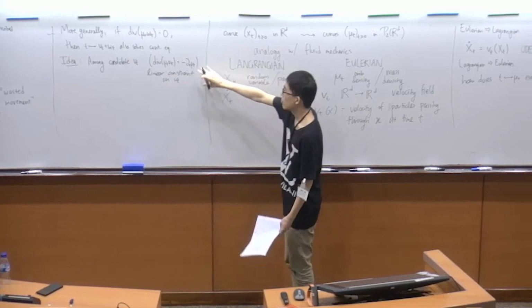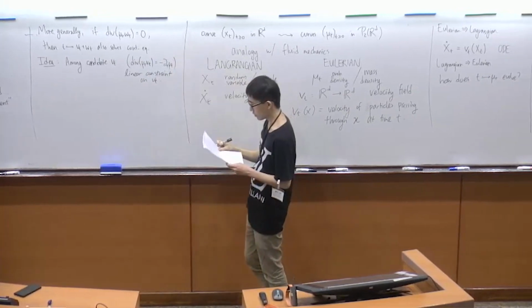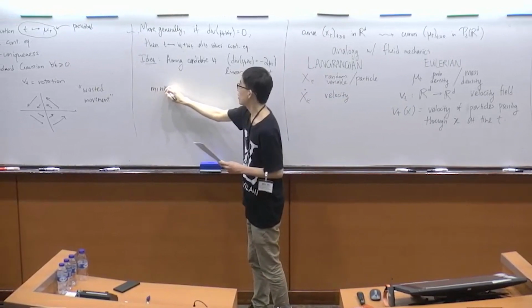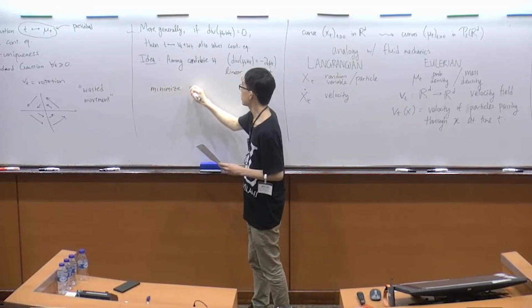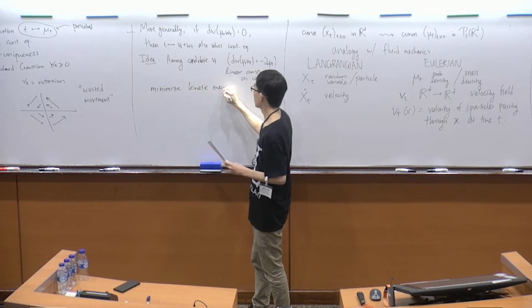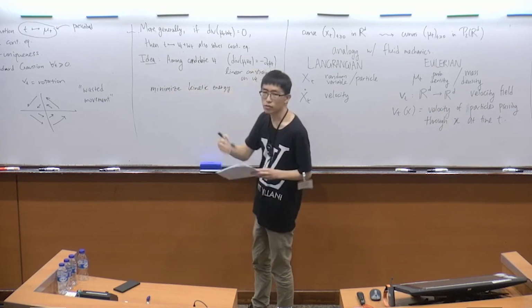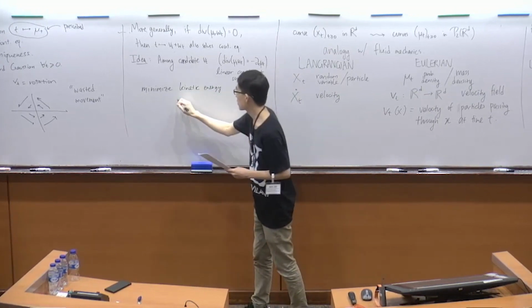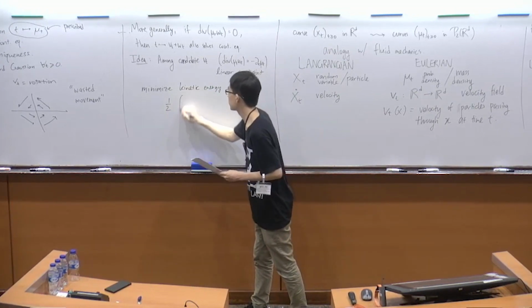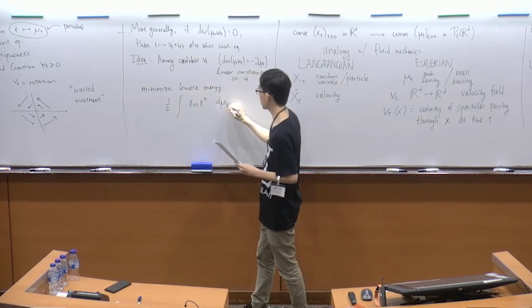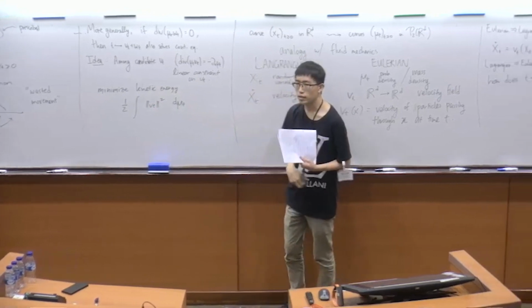Okay, so among all the Vt's that satisfy this linear constraint, the way I will choose Vt is to minimize the kinetic energy, in order to have as little wasted movement as possible. So what is the kinetic energy? The kinetic energy is just this quantity.